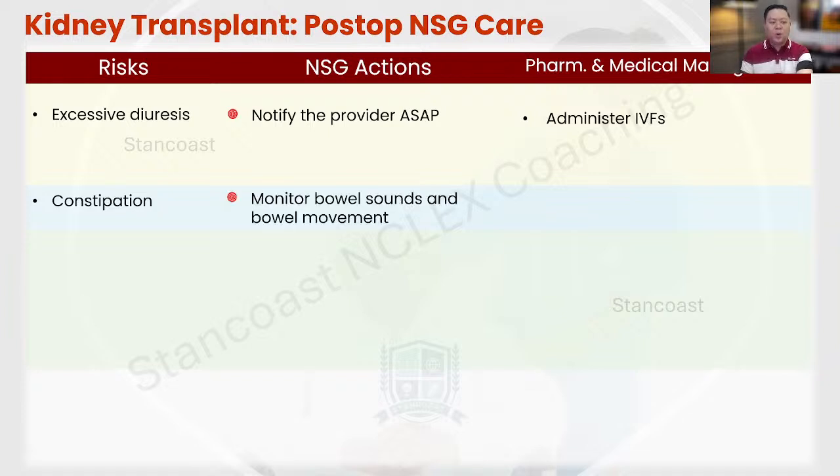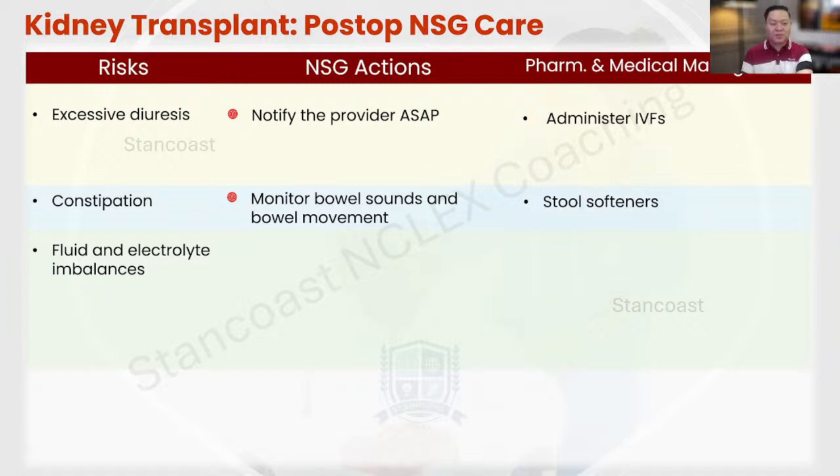And so what we're going to do is to monitor for the bowel sounds and to also monitor the bowel movements closely. And part of the care is to administer stool softeners, could be laxatives, increasing their fiber in the diet, and I would probably not say increase fluids yet, because we're still in the process of restoring the fluid volume at this point.